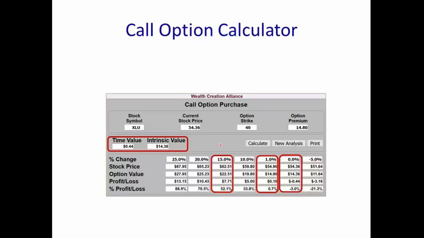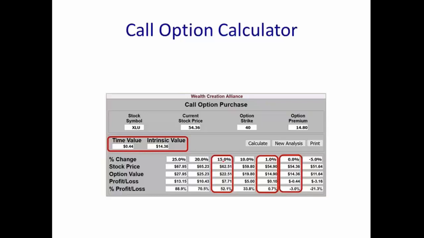And we can see if XLU increases 1% to 54.90 at option expiration, we'll have a profit on the option trade. So this verifies that we used the 1% rule correctly, because a 1% increase in the underlying ETF at expiration results in a profit.